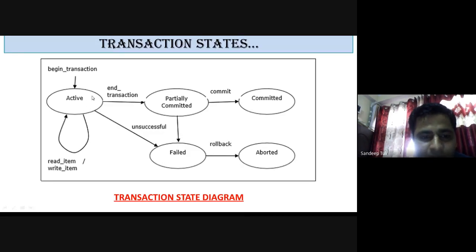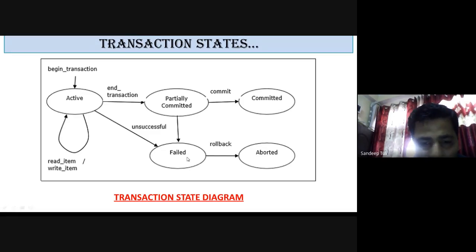So after the active state, there are possibly two states for the transaction: one is partially committed and one is failed. If the transaction is unsuccessful, it will be in the failed state, otherwise in the partially committed state. After the failed state, it needs to be rolled back.